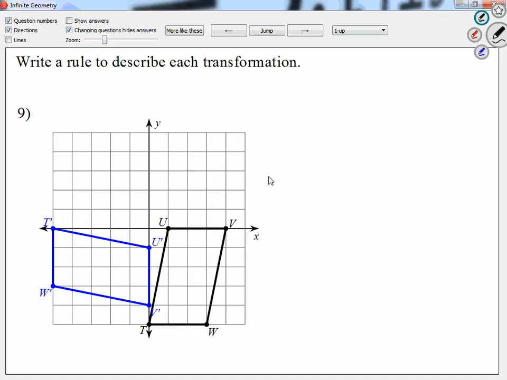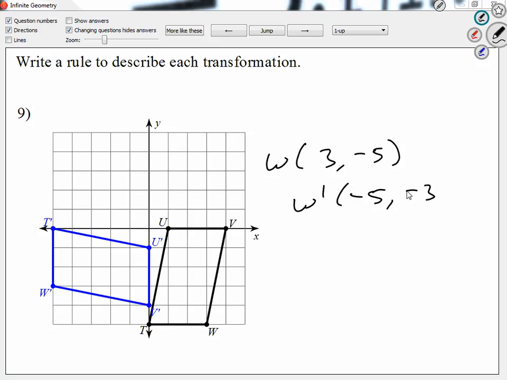If I look at W, the coordinates of that one are (3, negative 5). If I look at W prime, my values are (negative 5, negative 3). So it looks like (x, y) became (y, negative x).